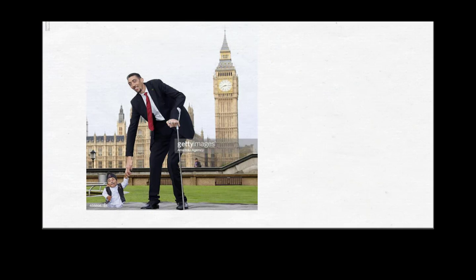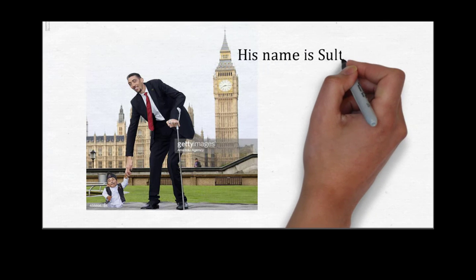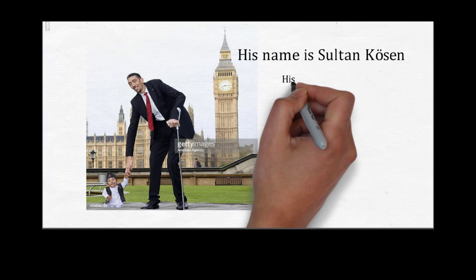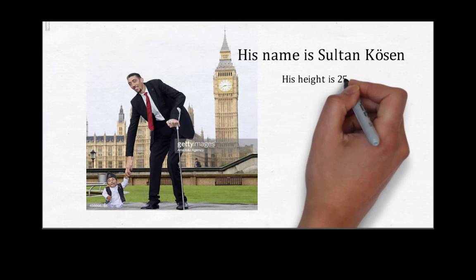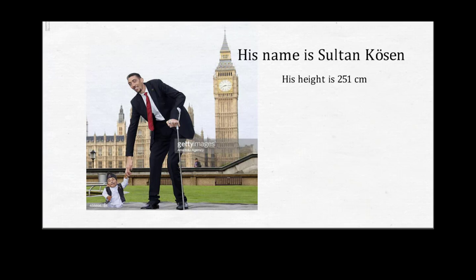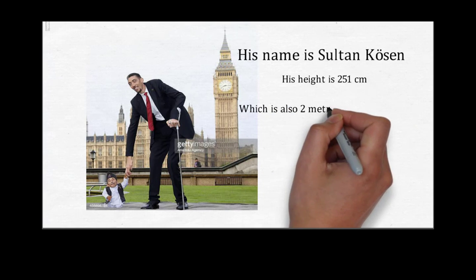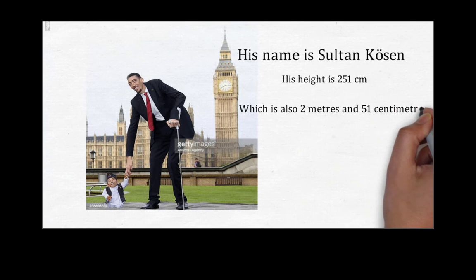He's currently the Guinness World Record holder. His name is Sultan Qasim. His height is 251 centimeters, which we already know how to calculate in meters, is it not? Yes, 2 meters and 51 centimeters.